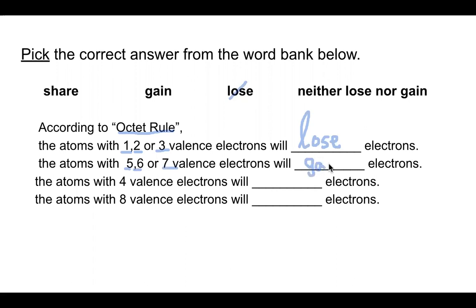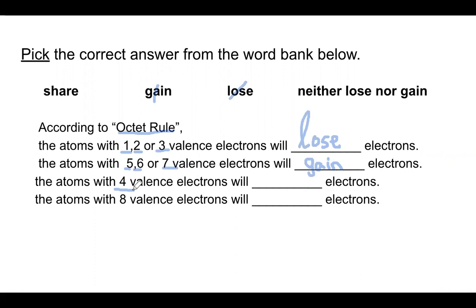Because losing 5, 6, or 7 electrons is really harder than gaining 3, 2, or 1 electrons. So they gain.